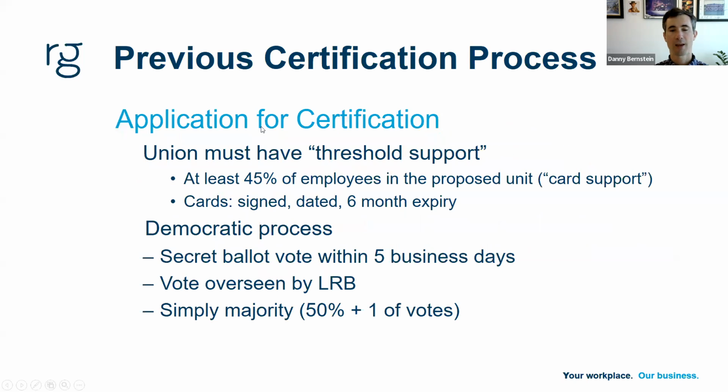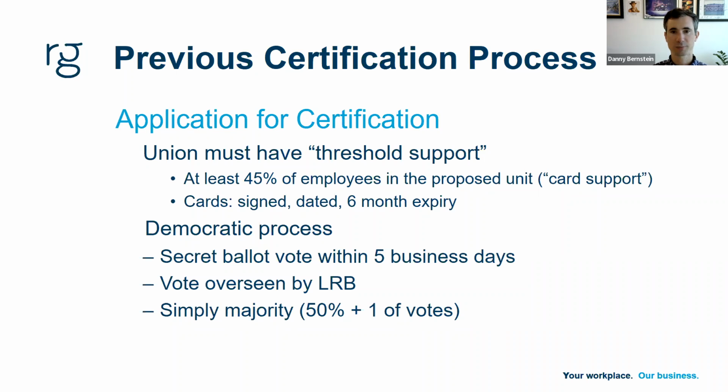So if they have at least 45% of cards signed, that's the minimum threshold. And this is the previous process. They had to have 45%. Then the board would order a vote. It was a secret ballot, and the simple majority of those who voted in favor would get the application across the line.